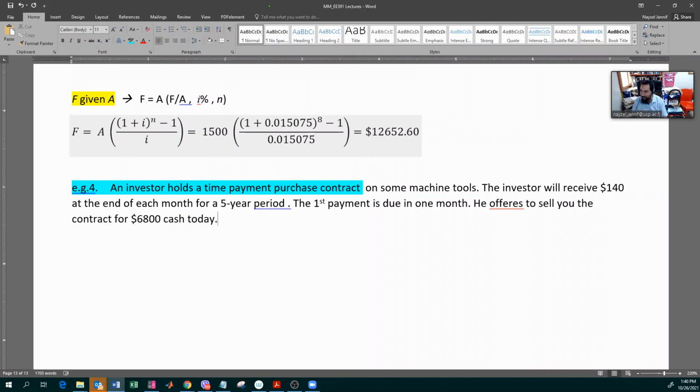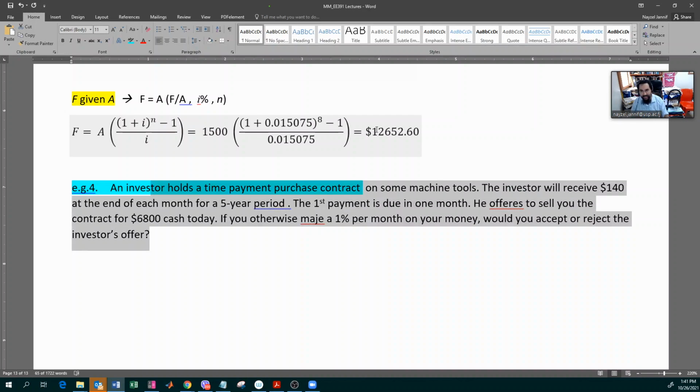Okay, so this is rollback sort of thing. If you otherwise make 1% per month on your money, would you accept or reject the investor's offer? So this is a question in time value of money.